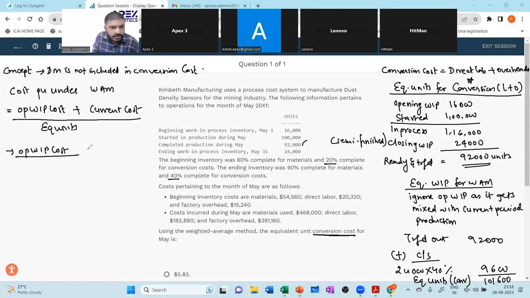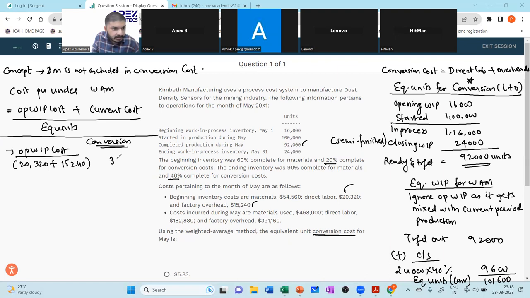But here I want you to keep in mind, we are taking only conversion. They are asking you conversion cost per equivalent unit. They are not asking you material. So in opening, how much you incurred for direct labor? 20,320 and factory overhead 15,240. So opening will be 2320 plus 15,240.